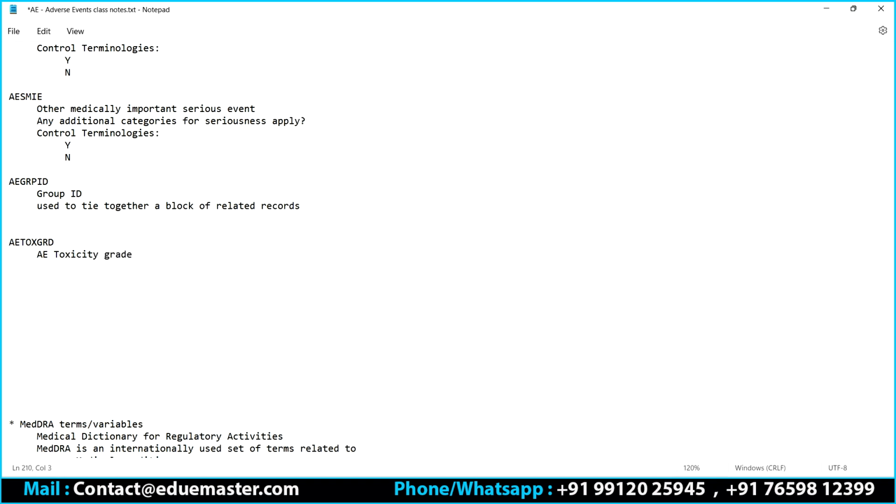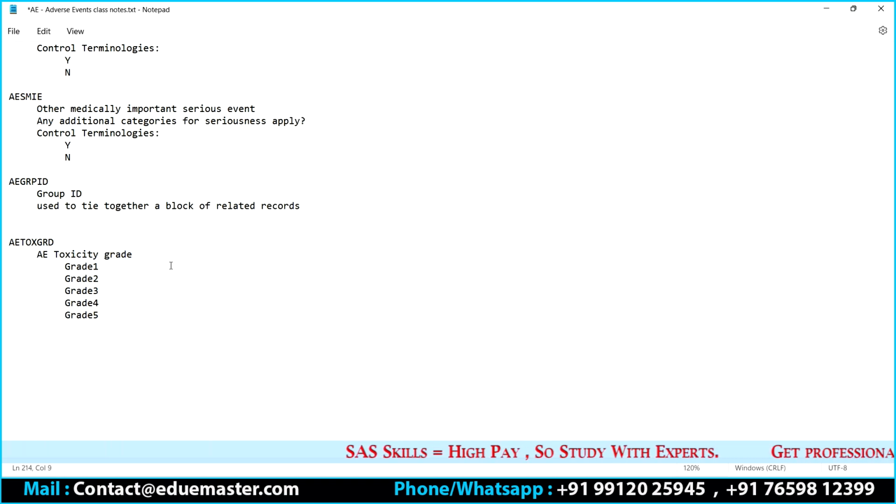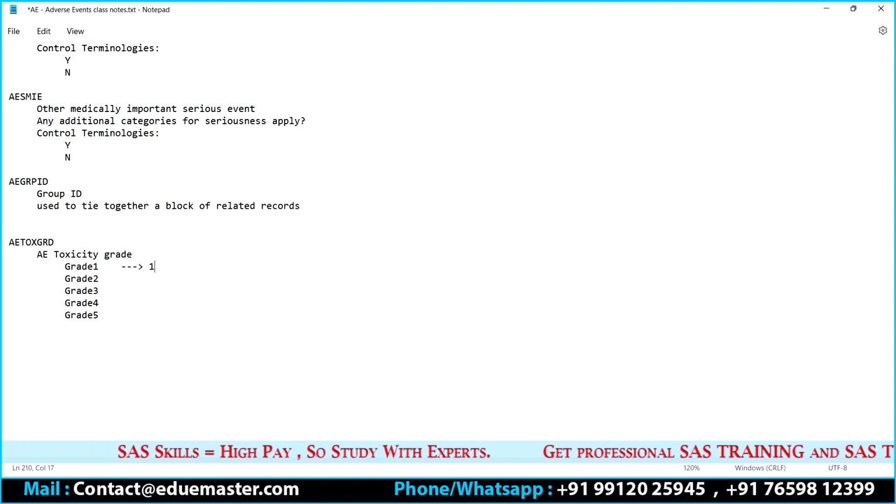Generally, these toxicity grades can be grade 1, or grade 2, or grade 3, and up to 5 we can go with. Grade 3, grade 4, and grade 5. If it is grade 1, if I want to give the numeric value for this, grade 1 is 1.